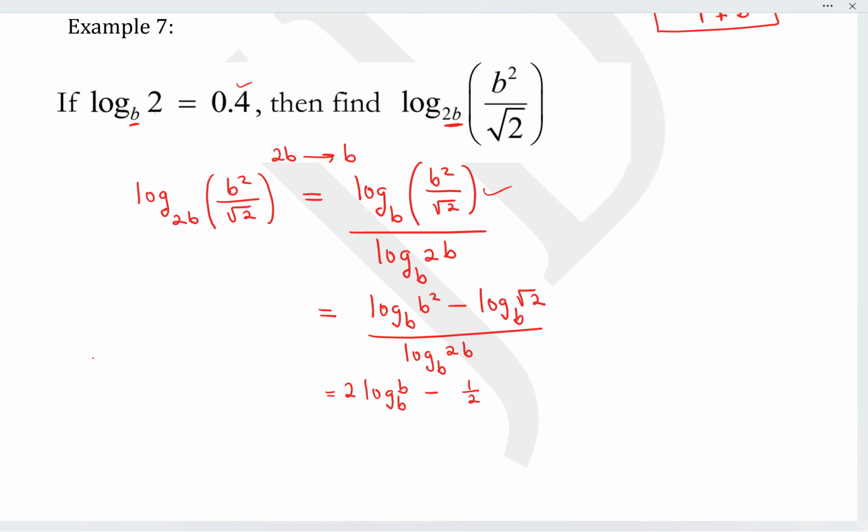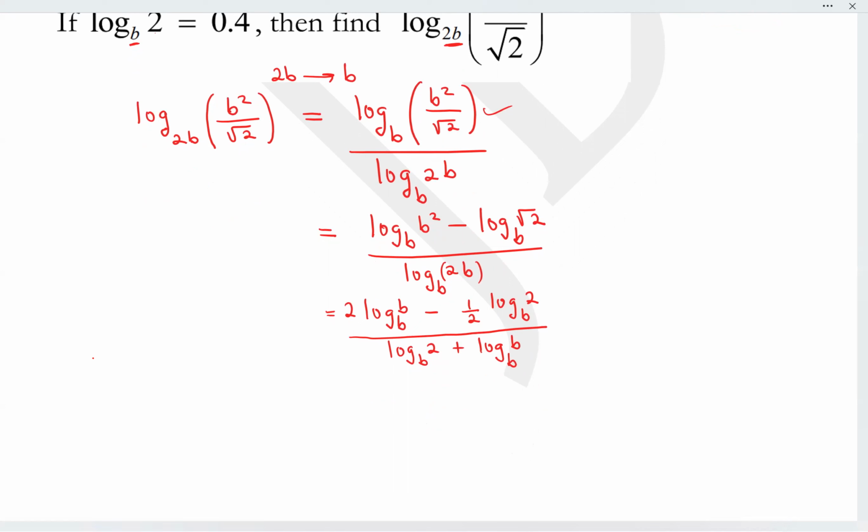So this is half log b of 2, divided by this now, this is 2b. Don't forget. So we can change it to addition. So this becomes log b of 2 plus log b of b. Right.